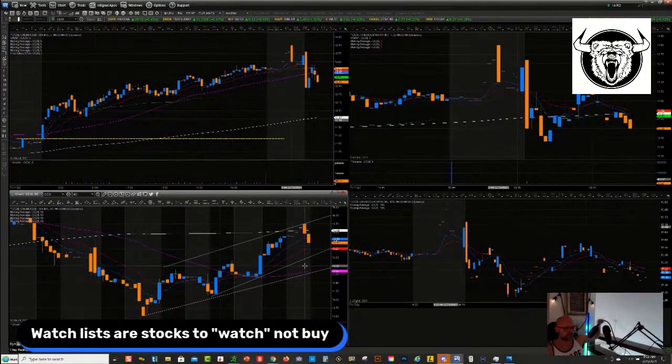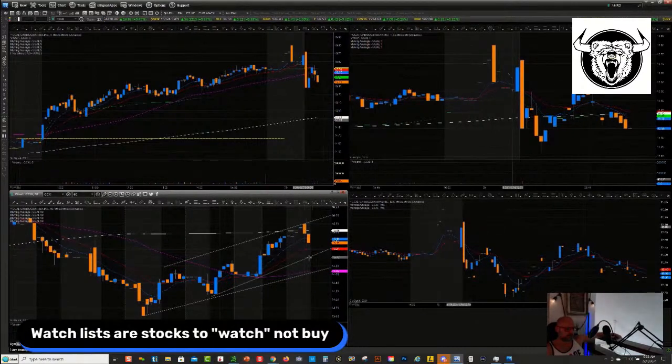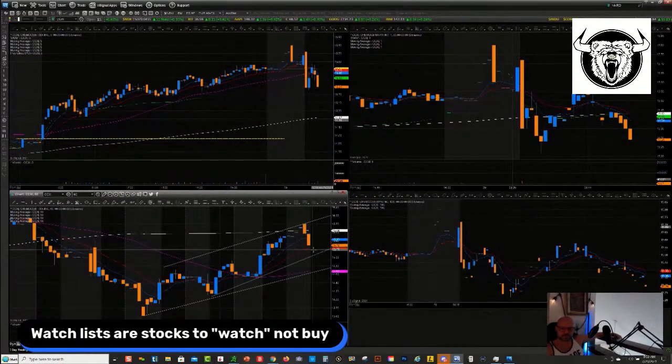You got to look at these levels, see if this will hold. I don't know if you're in the position already, but if you're looking to get into it on an hourly, you want to see it hold these support levels and break above these resistance levels. It's just hitting resistance and pulling back. It's bouncing off that 20 EMA on an hourly right now. So you have to watch and see if this area will hold.